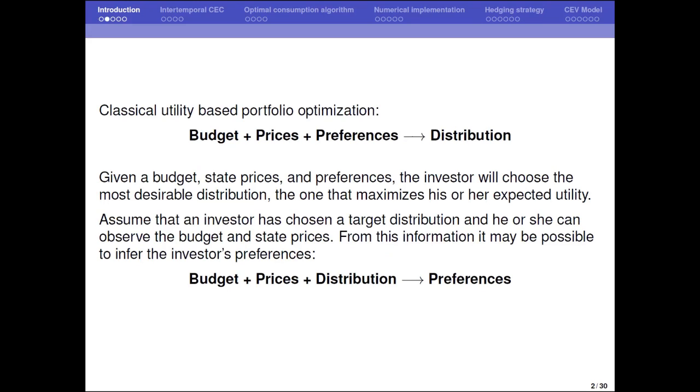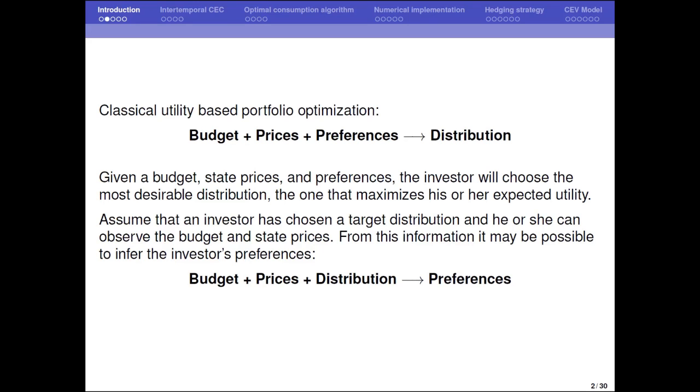They say that a classical utility-based portfolio optimization starts from the budget, prices, and preferences as inputs, and then the investor, as an output, chooses the most desirable distribution, that is, the one that maximizes his or her expected utility.